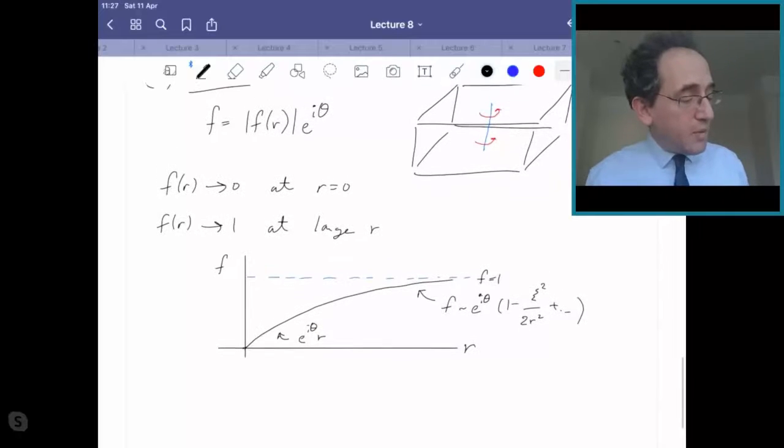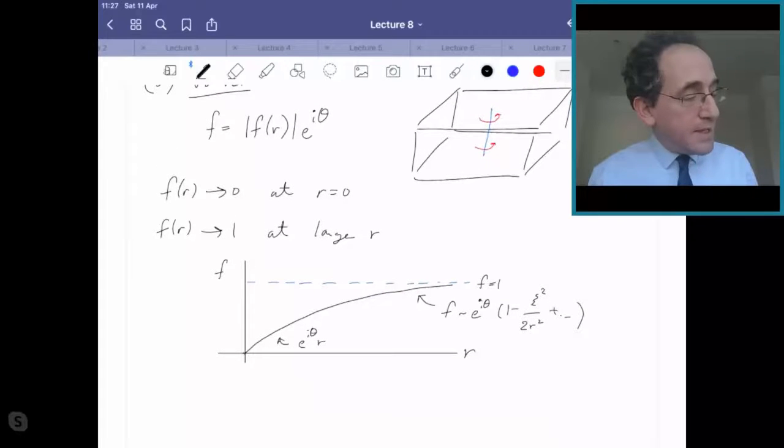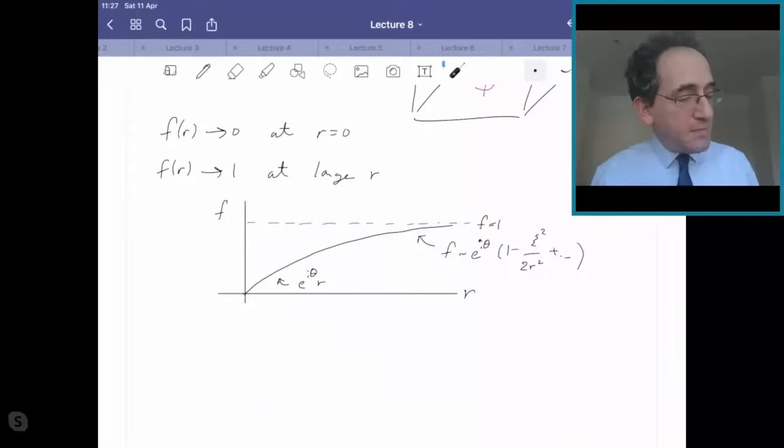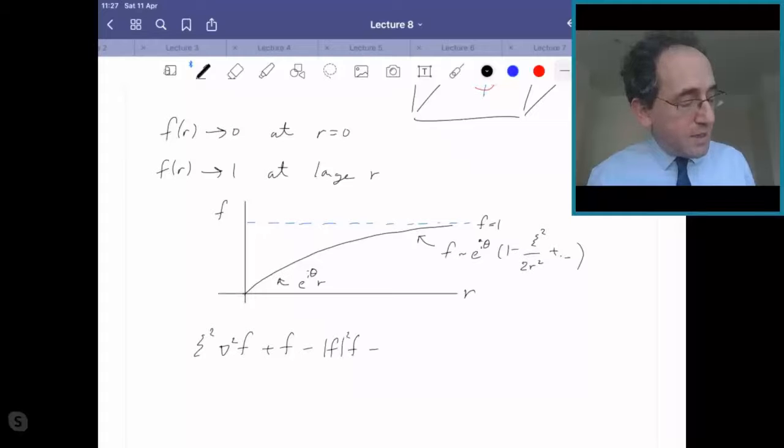The way we find these asymptotic behaviors down here and up here is by taking appropriate limits of our equation. Here's our equation again, plus f minus f squared f equals 0.